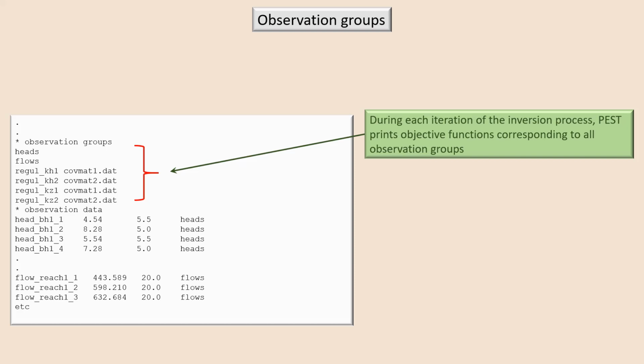Normally, every observation and every article of prior information has to be assigned to an observation group. And what I'll normally do is put observations of different types into different observation groups, or observations that I think inform different parameters into different observation groups, on the basis of the fact that their information content is somewhat different from that of other observation groups.